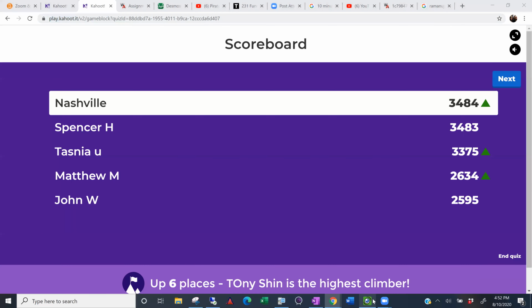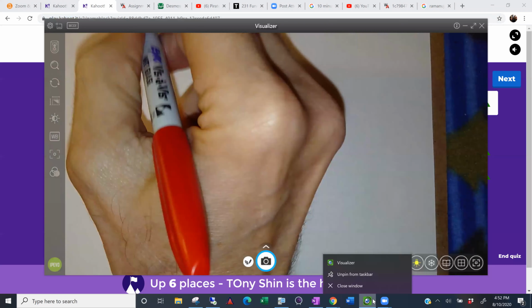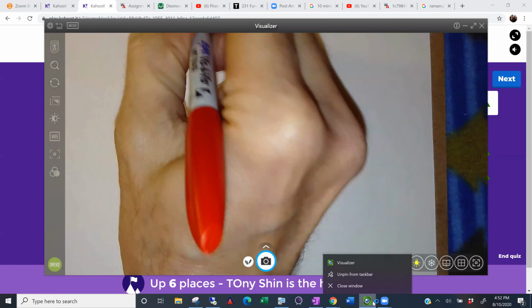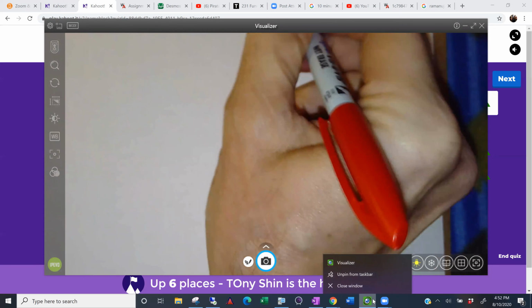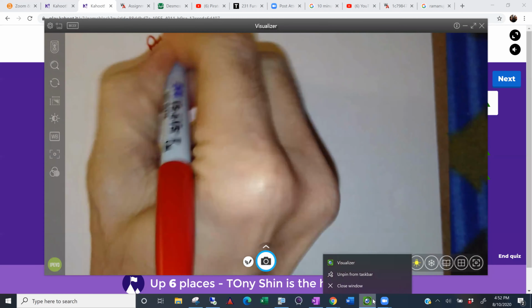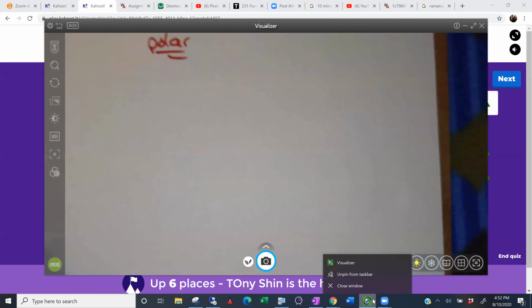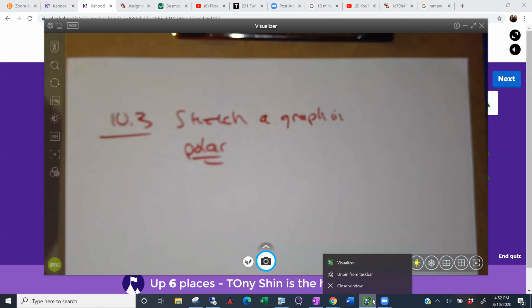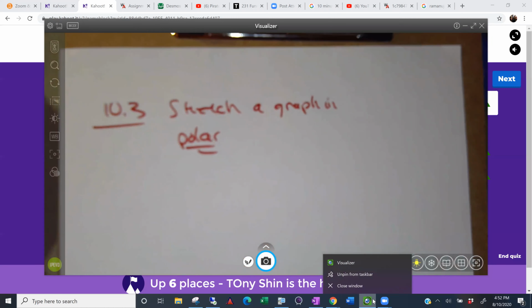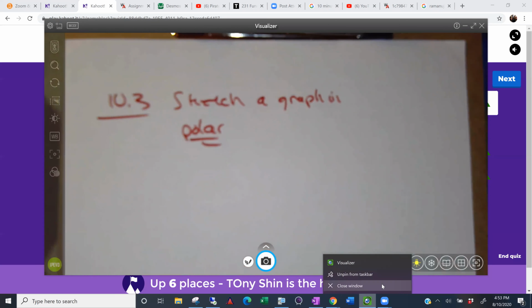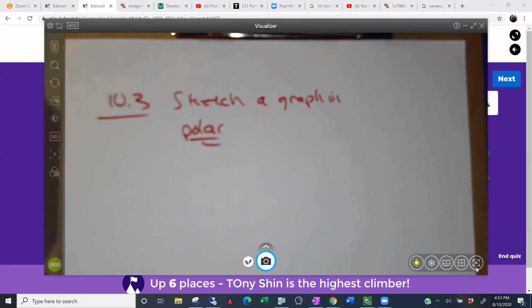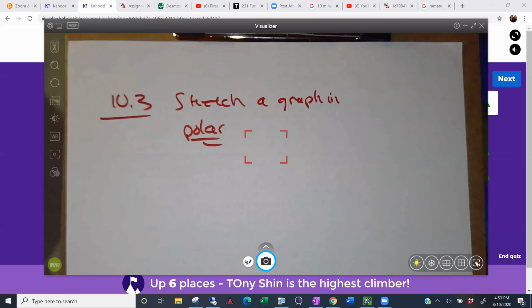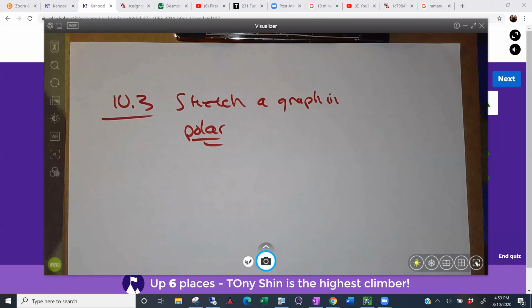So one of the things you should be able to do is sketch a graph in polar. And what I might do if I get a chance, this is a big might, is email you guys some blank graphs, so that even if you don't have a printer, you can take the time ahead of the test to write it out nice and neatly.